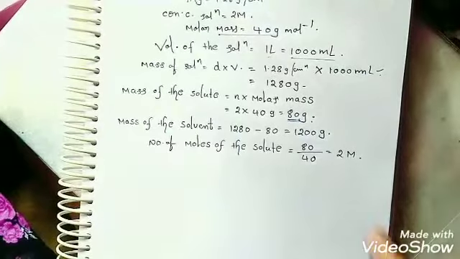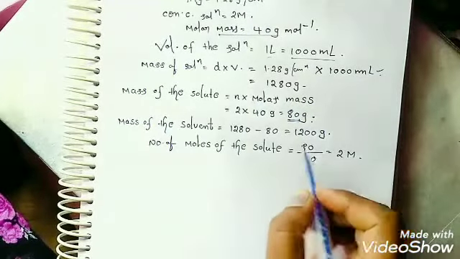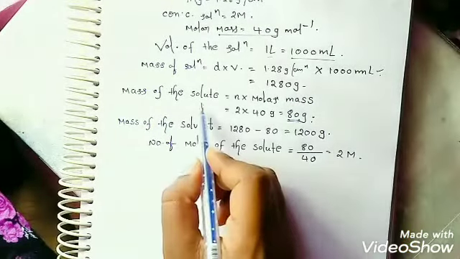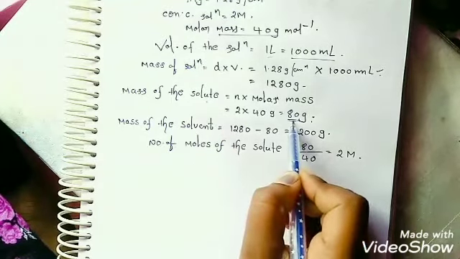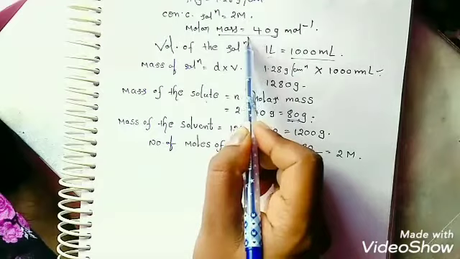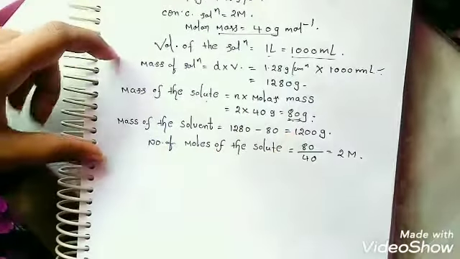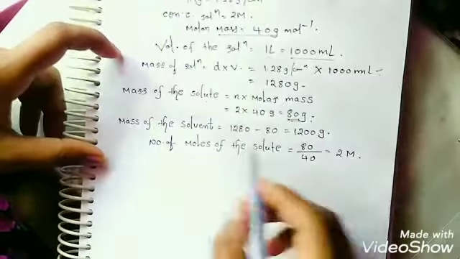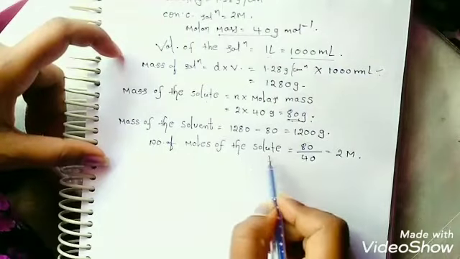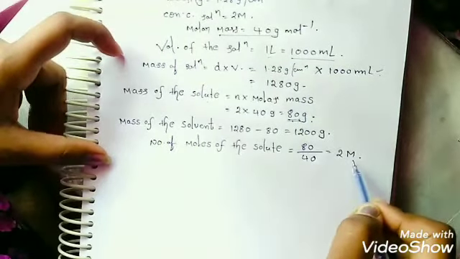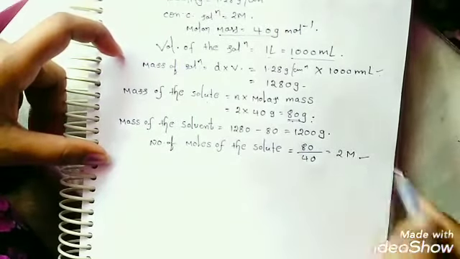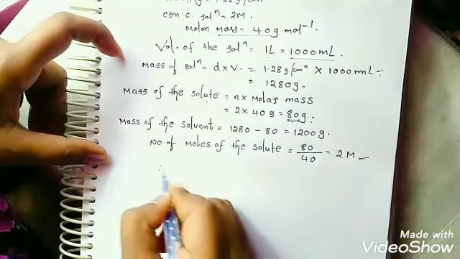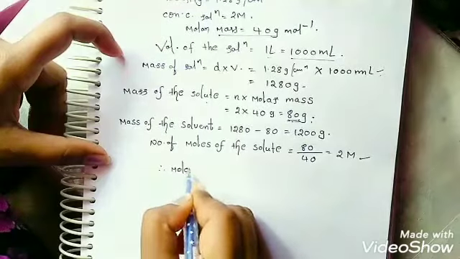By using the mass of the solute we calculated previously, 80 grams, and the molar mass, 40, the number of moles of the solute is 2 moles. Then we have to do the molality calculation.